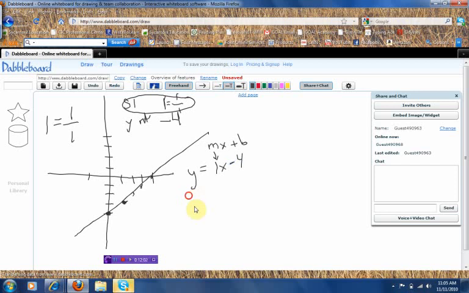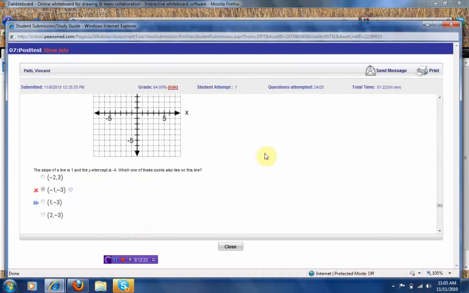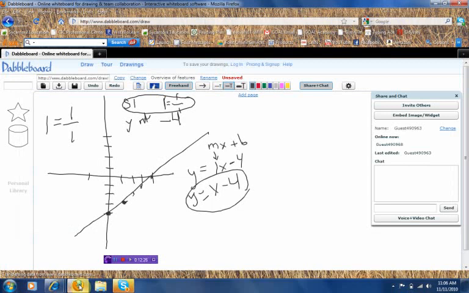Okay, now what this question actually asks is, it's going to give you a list of points, and it wants to know if these points lie on that line. For example, does the point (-2, 3) lie on that line? There are 2 ways we can go about answering this. First, I want you to graph (-2, 3) on that line for me.